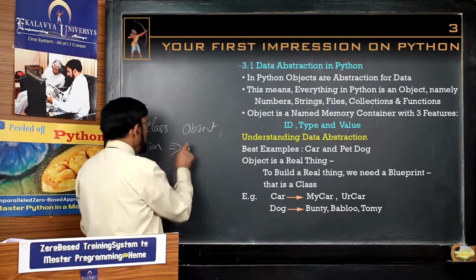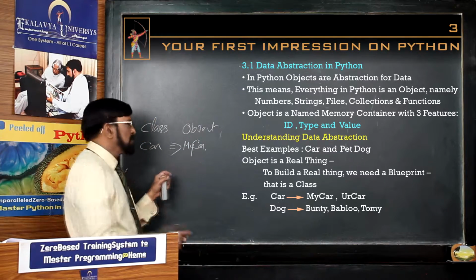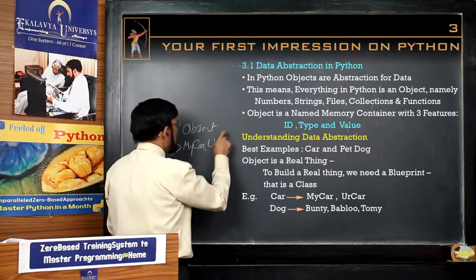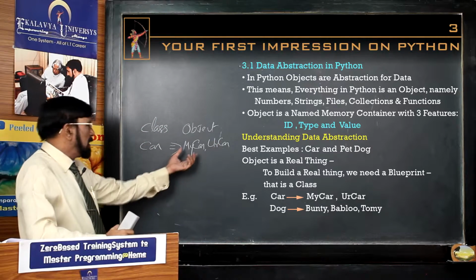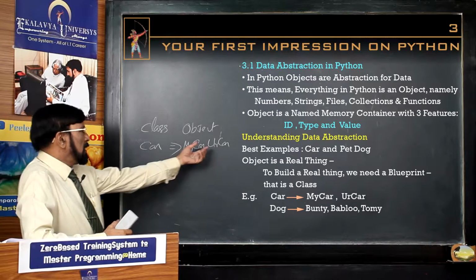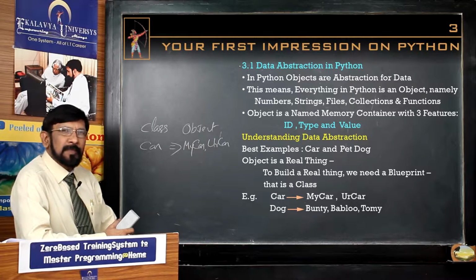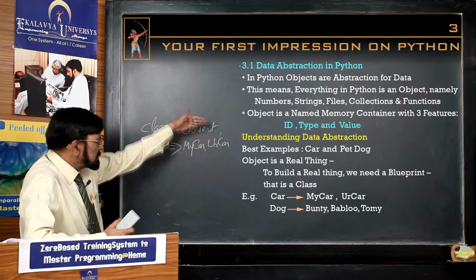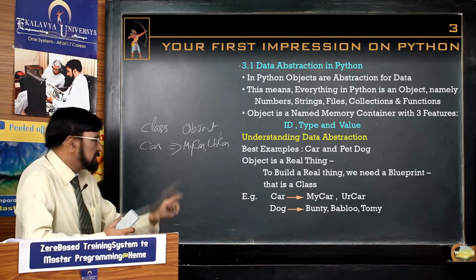Now, MyCar means specific features. UrCar, specific features. MyCar is Toyota Innova. Your car is Hyundai's Eon. Understand? Then in such case, as far as this is concerned, specific values are there.